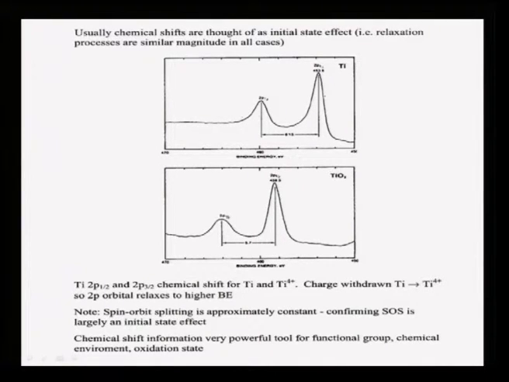In this case, I do not know whether you can see, this is titanium. Titanium has 2p 1/2, which comes around 460 electron volt binding energy, and 2p 3/2, which comes around 453. This is the spin orbit splitting of the two peaks.